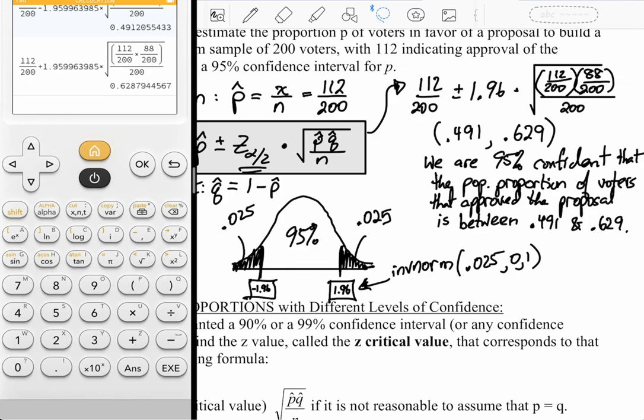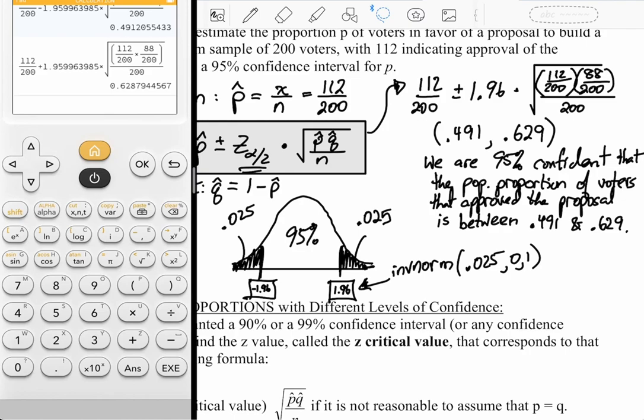Right? So it's 50-50, it could go either way. Right? If I tell you that I'm 95% confident that 60% is going to vote for the proposal, what I'm saying is I'm 95% confident that the proposal is going to pass. Right? Because 60% is a majority, simple majority.